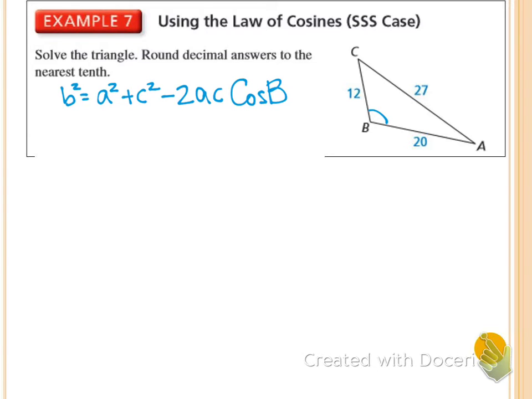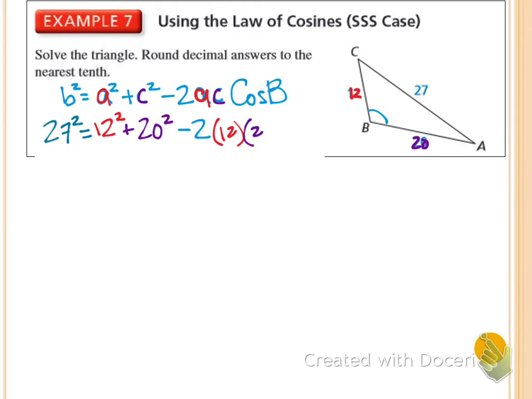What is side B? 27. What is side A? 12. So 12 squared. And then C is 20. So don't start typing anything in yet. Minus 2 times A, which we said was 12, and then C is 20, times cosine of B.